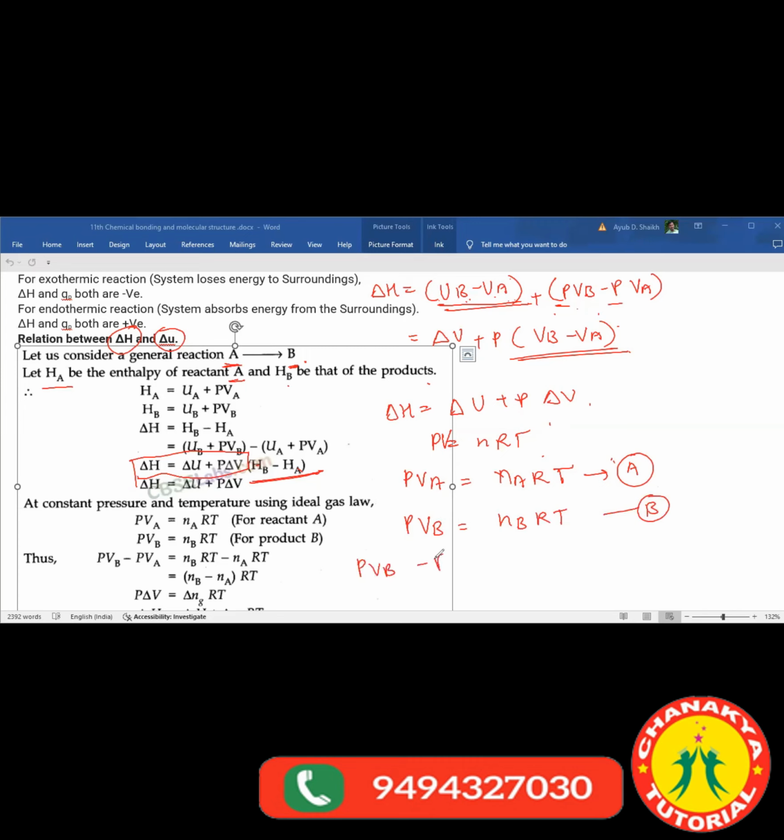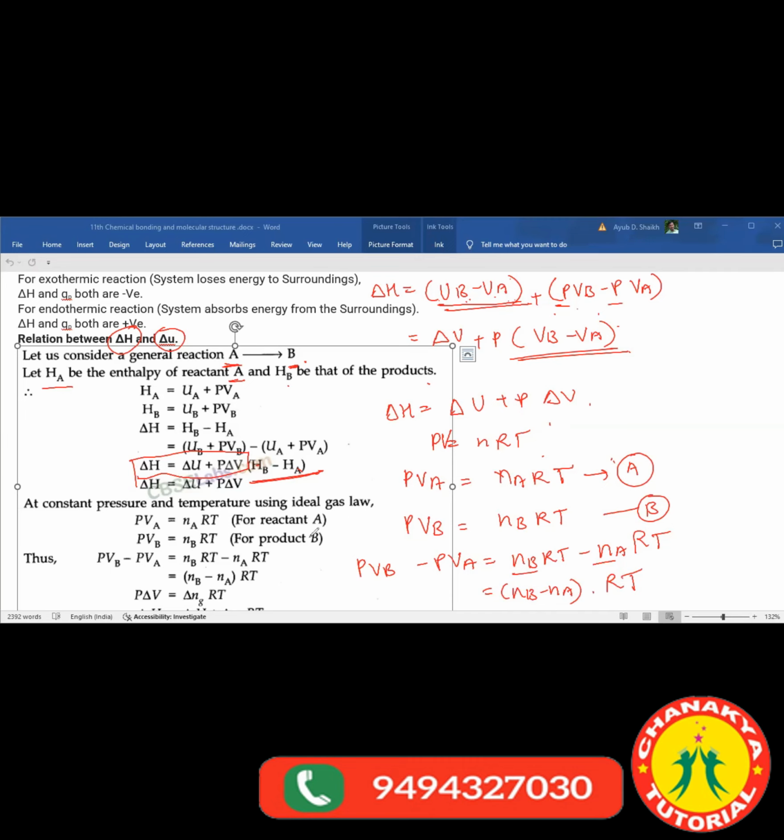PVB minus PVA, that is NB RT minus NA RT, correct? In this case, you're going to take NB minus NA in one bracket, and as RT is a constant, it will be out of the bracket. R is a gas constant and T is a temperature, correct?